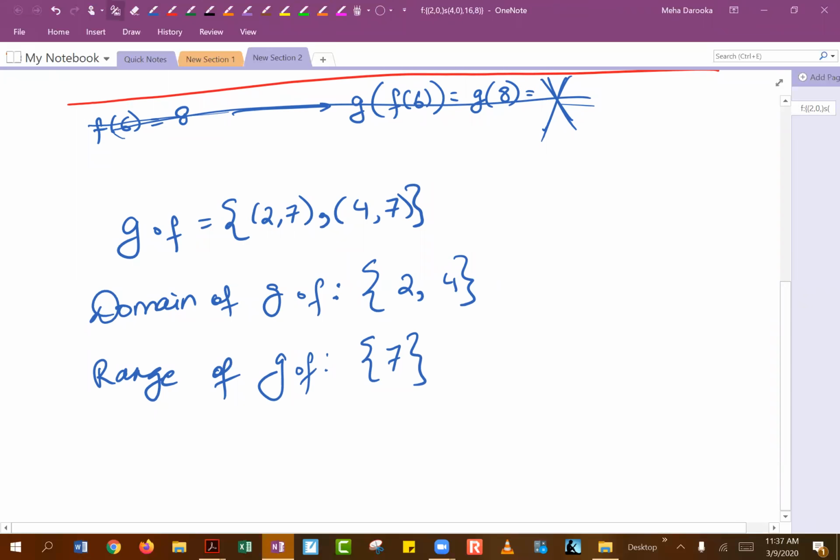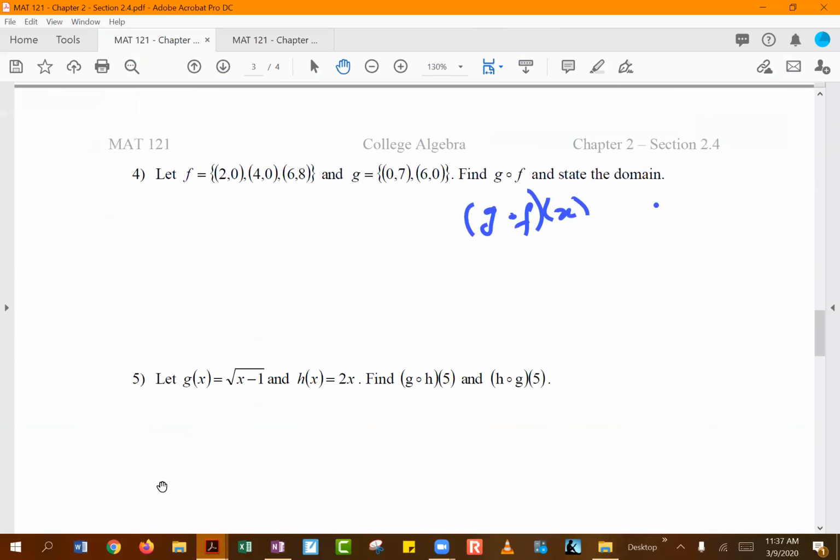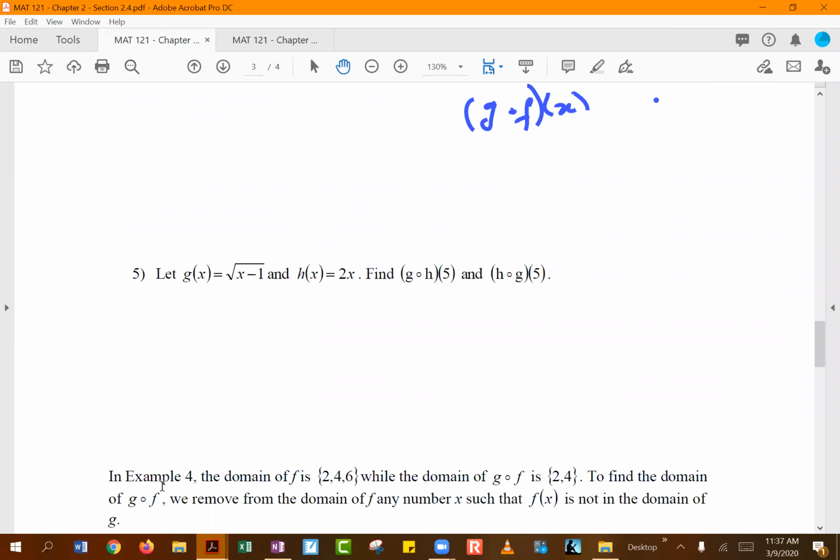But now in number 5, that's going to change a little bit because they're not giving us ordered pairs. They're giving us the equation definition itself. So you've got G and H, but look at how different this example is. Now they're specifically giving us an X value.